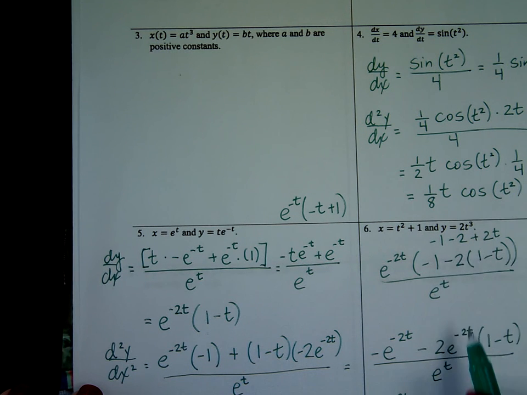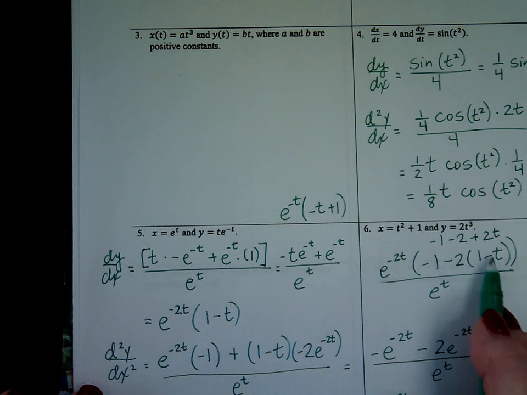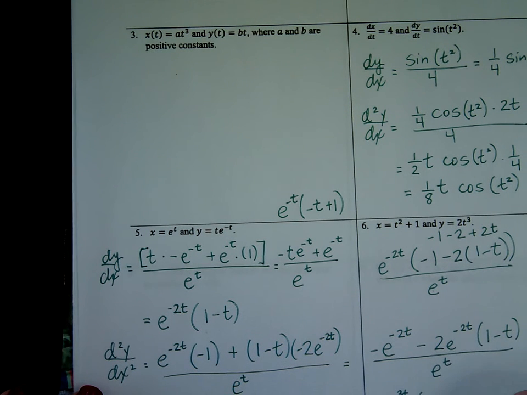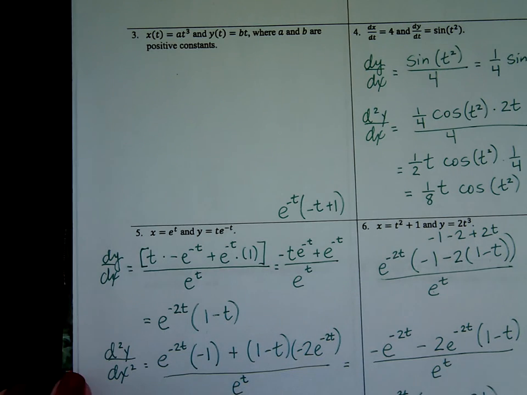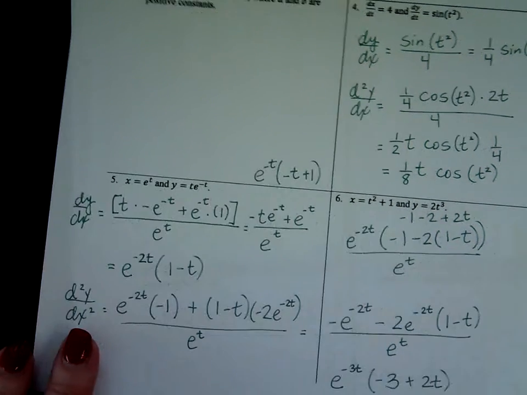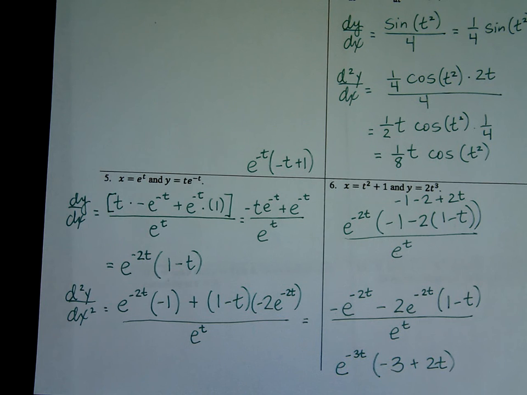Negative 1, distribute the negative 2, plus 2t gives me this. So I end up with negative 3 plus 2t. That's my final answer. How about that crazy algebra? Lots of work with powers and such, and remembering your rules for how they go. All right, close to done.